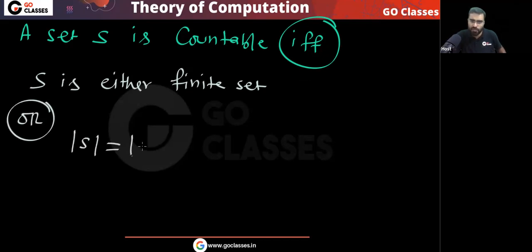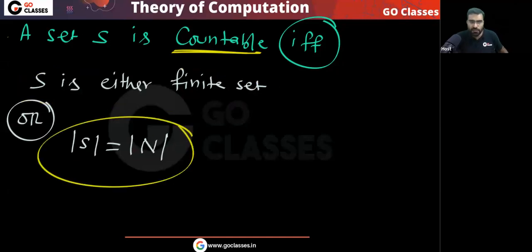This is the definition of countable. Every finite set is countable, and if your set is infinite, then when can you say S is countable?